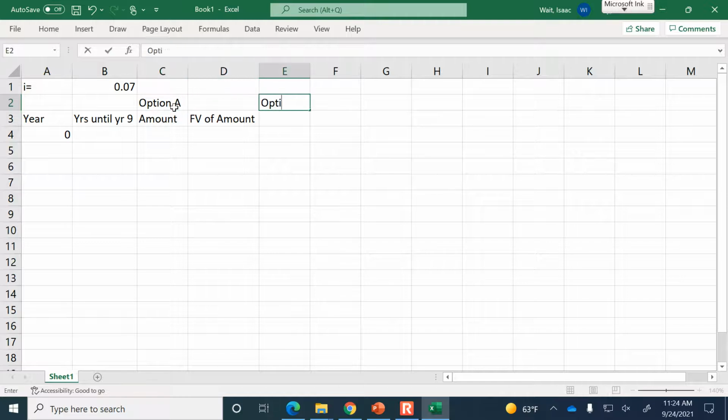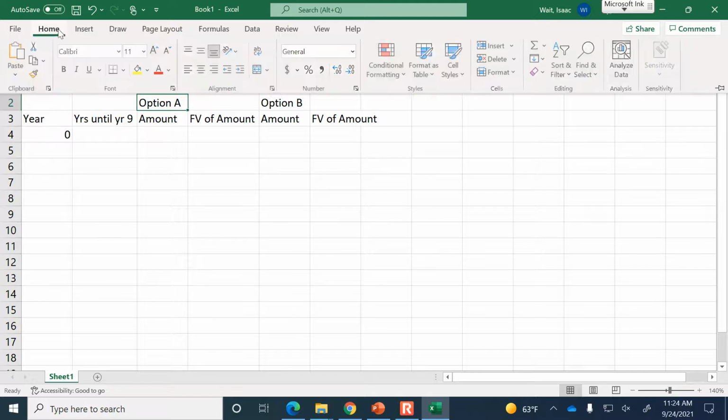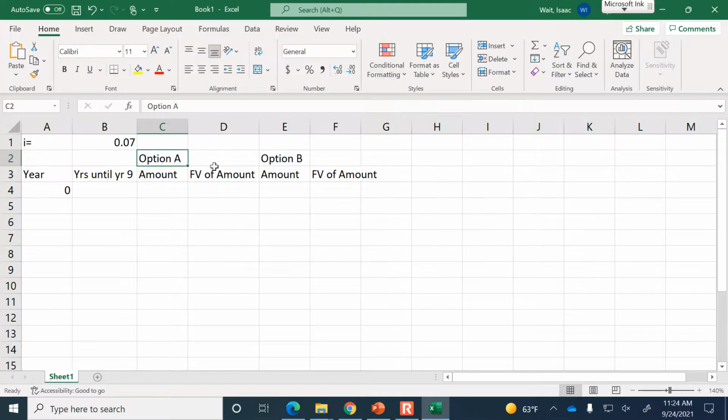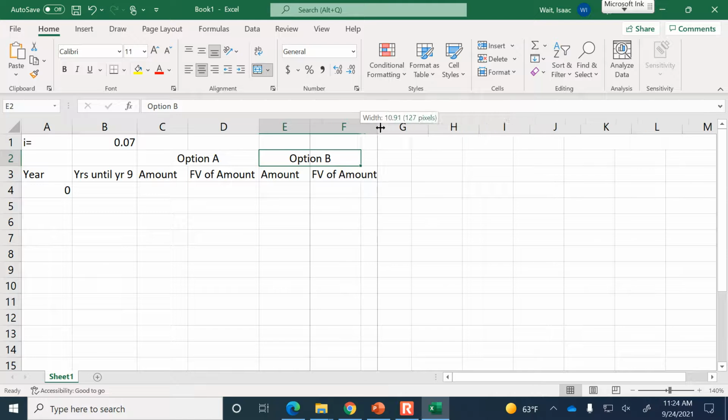And then over here, option B will have amount and future value of amount. And we can do fancy things like, let me just show you, we can merge these cells to make it more clear. These are applying to this column.